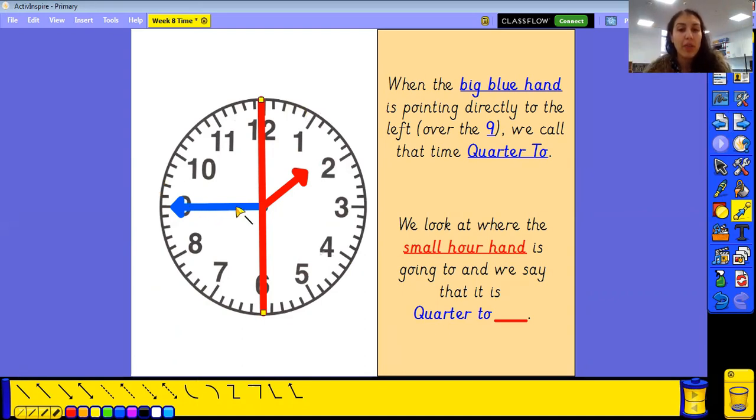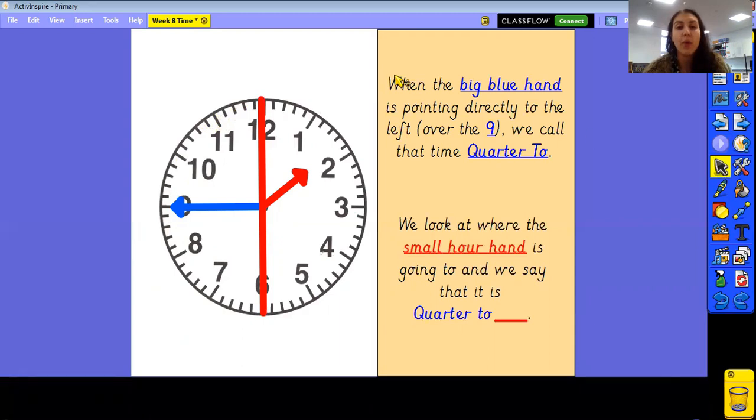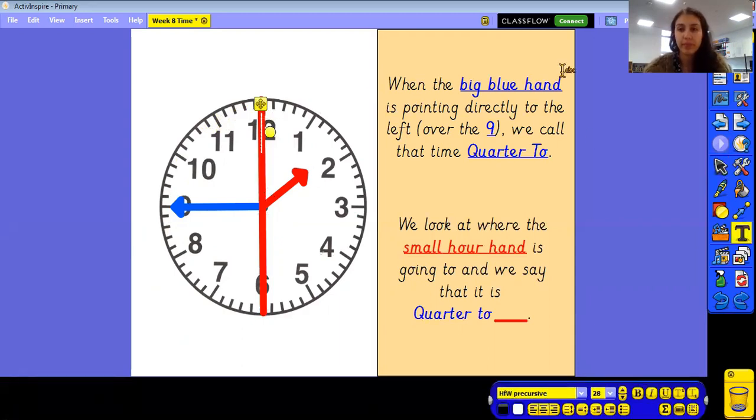So here, when the big blue hand points directly to the left and it's over that 9, we say it is a quarter, because this space here is a quarter. It's a quarter to, and then we look at the hour hand to see which hour it is going to.